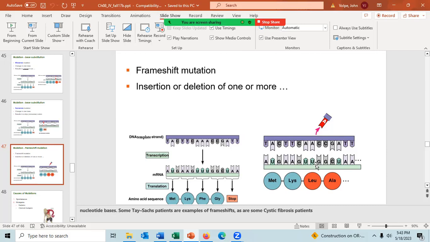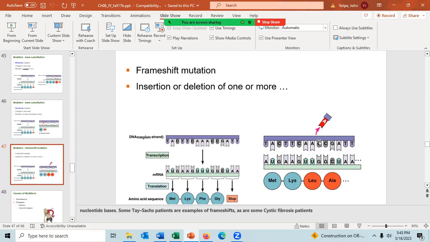So it takes the next base to finish this codon, and then these two nucleotides are not enough. And so it takes the next nucleotide, which is a U right here. And that means that from this frame shift mutation, all other codons are altered.